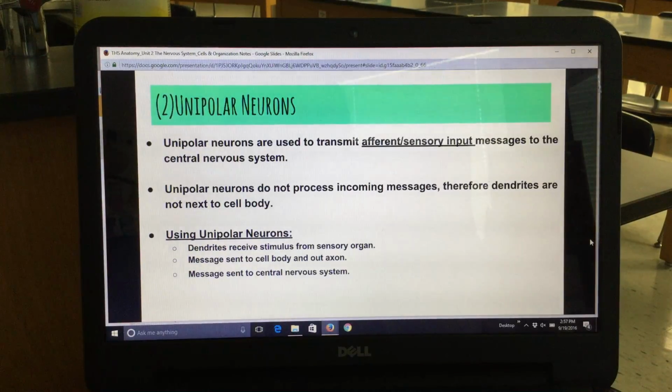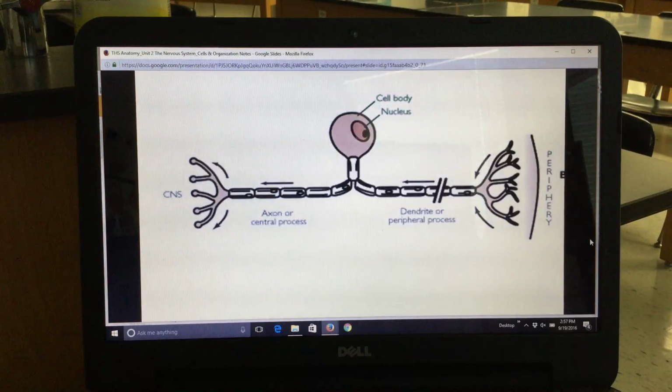So you're going to notice that when we look on the next page, it kind of looks like this weird tumor blob growing out of the middle of our neuron. Again, in a unipolar neuron, the dendrites are still going to receive the stimulus message from some sensory organ. The message is still sent out the cell body, out the axon, and then in this case, to the central nervous system. So let's look at a diagram and kind of summarize this.